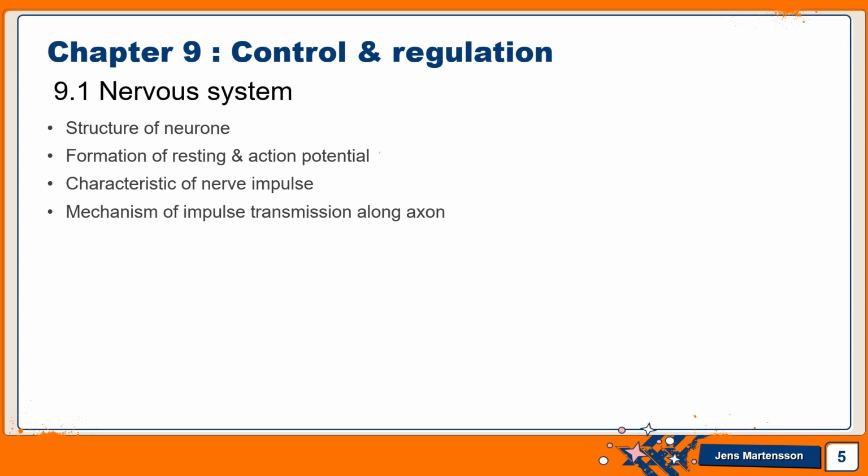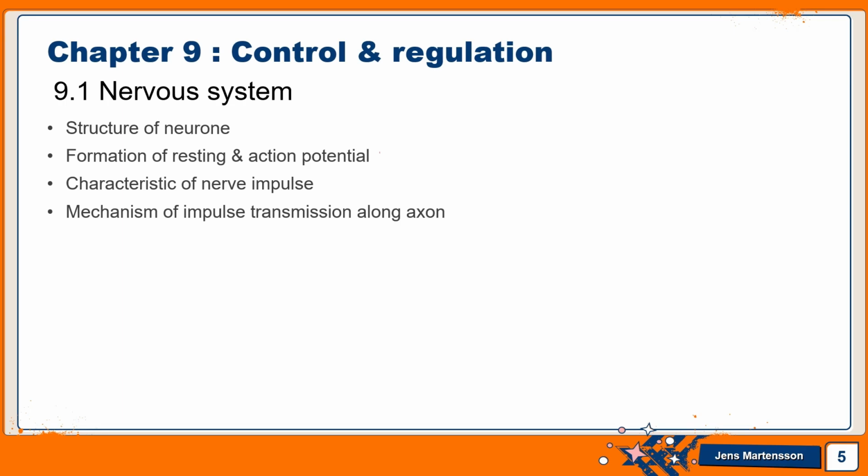Then the third topic is about the characteristics of nerve impulse. What are the characteristics of a nerve impulse? You have to learn that also. And the fourth topic is about the mechanism of impulse transmission along the axon.